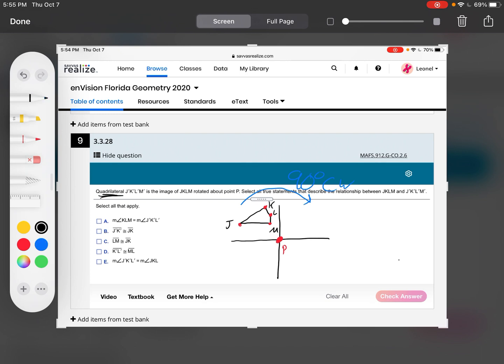So if we rotate 90 degrees clockwise, this line here, JM, is going to end up being vertical. So maybe something like this. So this will be J, this will be M prime, J prime, M prime. And then this is slanted a bit.